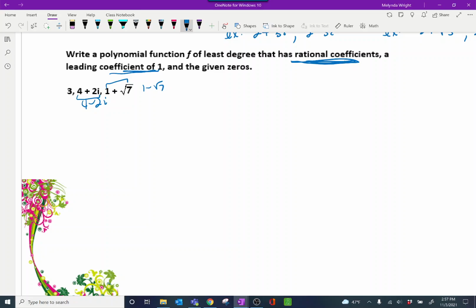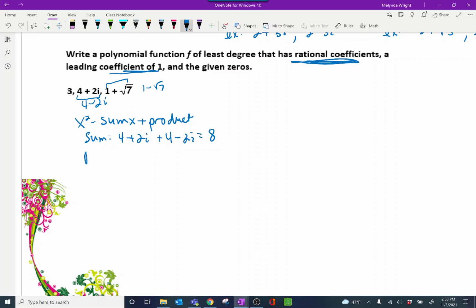So we're going to use our little formula, x squared minus sum x plus product, to help us generate this polynomial. And I'm going to use it on the pairs, like the 4 plus 2i, 4 minus 2i. So we do the sum. I'm going to do 4 plus 2i plus 4 minus 2i, and that gives me 8.